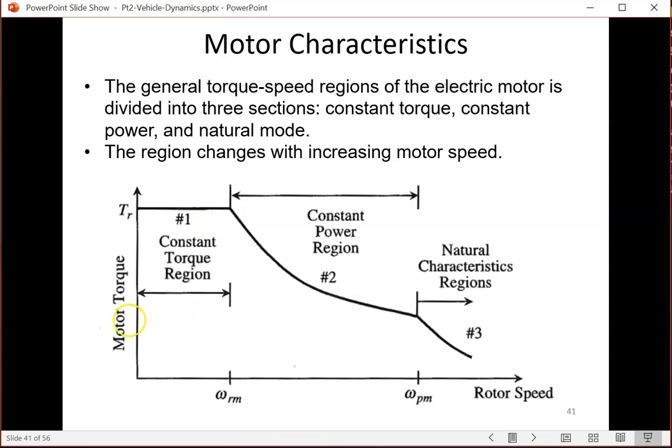So at lower speed, if we look at this in three regions, region number one is called constant torque. Number two is called constant power, and number three is called natural characteristic region. Okay, so I'm going to go through each of the modes individually and explain in a little bit more detail.